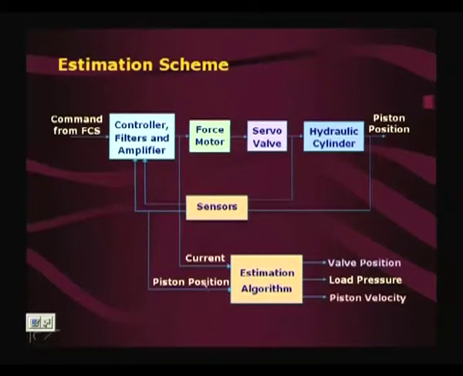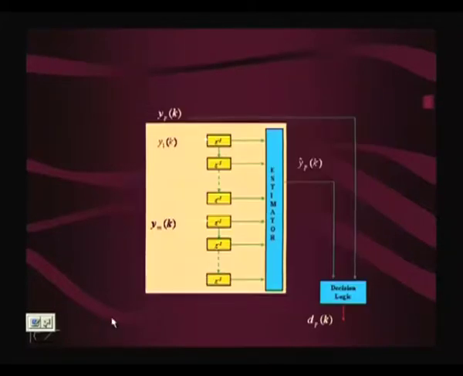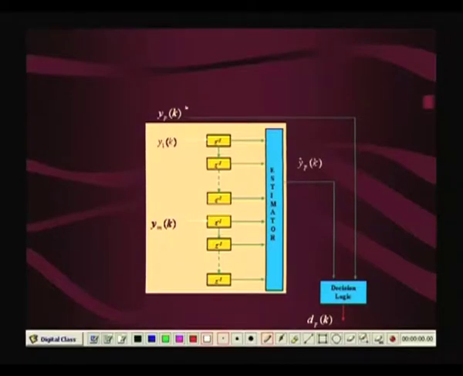So what we do is we first produce an estimation algorithm which gives us the valve position, load pressure and piston velocity. You are going to feed these measurements and their past values into an estimator. The whole idea is that suppose you have the pth estimator, which is supposed to estimate the pth measurement, then you feed all the measurements into the estimator.